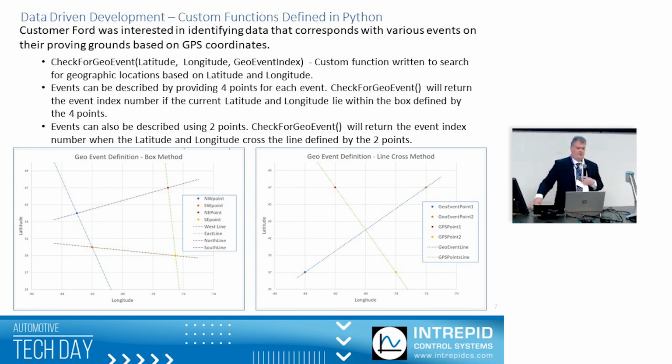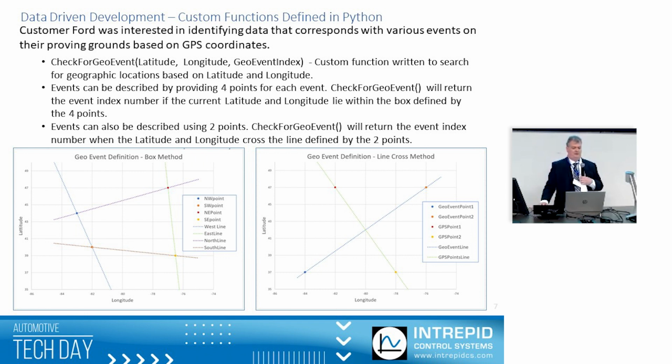Marty came to me and he said, we want to identify events on our proving grounds based on their GPS coordinates. The drivers run through these cycles, through the various events on their proving grounds, and they want to be able to identify those events and then do some analysis on the vehicle data while they are on those events.